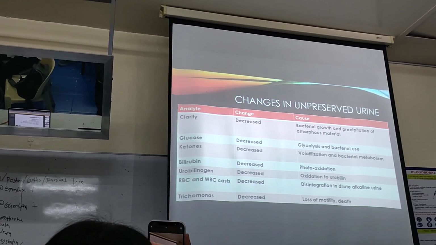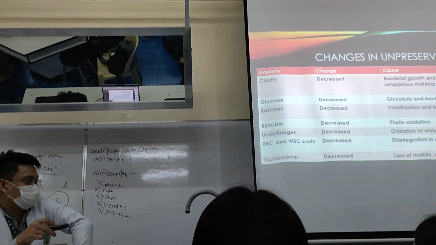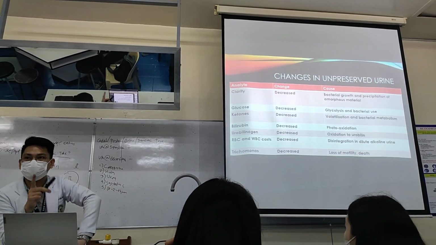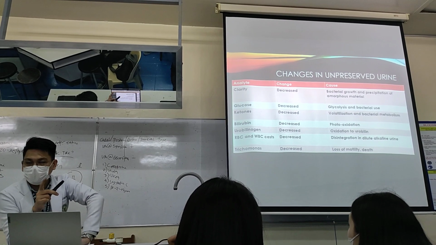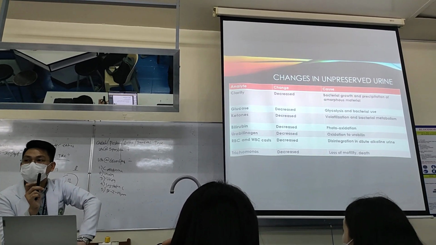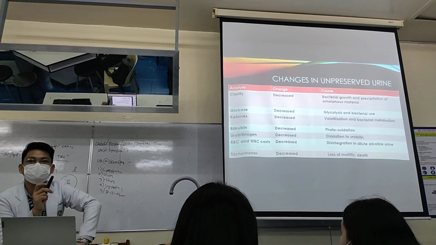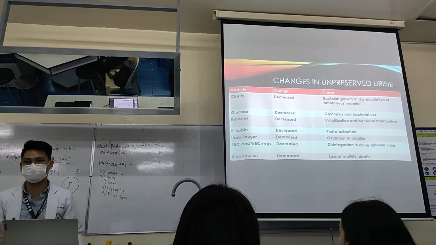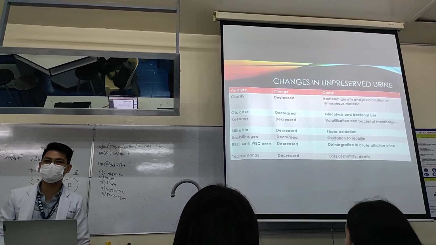The main identification factor for you to report trichomonas is the motility. You cannot report trichomonas if it is not motile, because dead trichomonas may be mistaken as WBCs. That's why it is crucial when reporting that it should be motile. What is the motility?